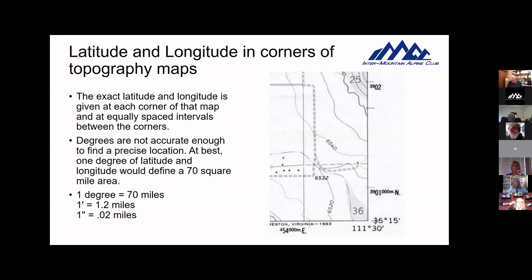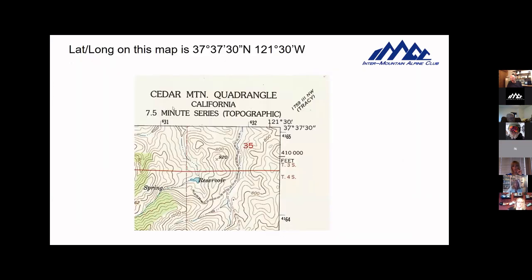It's about a 9-mile map. Squared up. Latitude, it'll be squared up this way, and longitude, it'll be squared up this way, okay? This latitude and longitude on this line, latitude is the one that goes this way, 37 degrees, 37 minutes, 30 seconds north. 121 degrees, 30 minutes west.